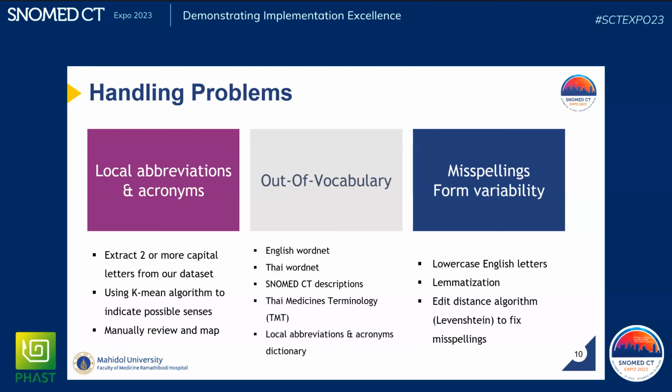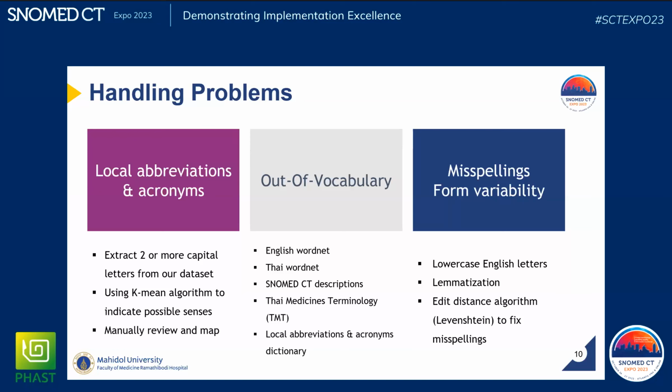To handle the out of vocabulary problem, we first use the English WordNet, which is a very big English resource, and then Thai WordNet to incorporate Thai and English. Then we tokenize the SNOMED CT descriptions and include that in our dictionary too.